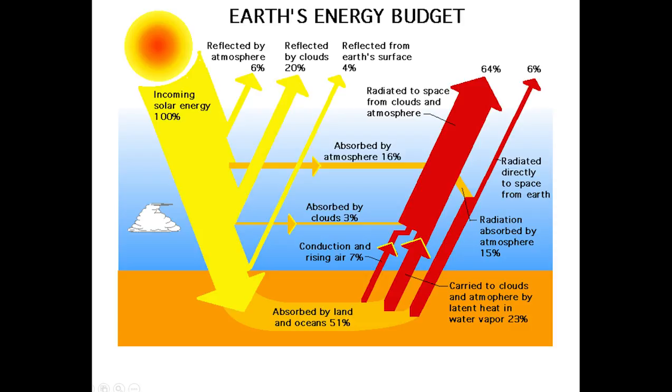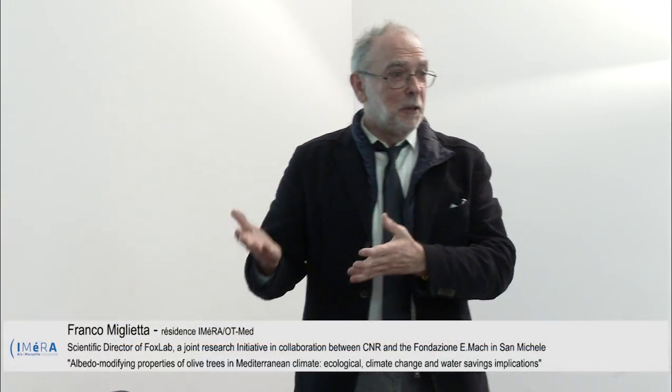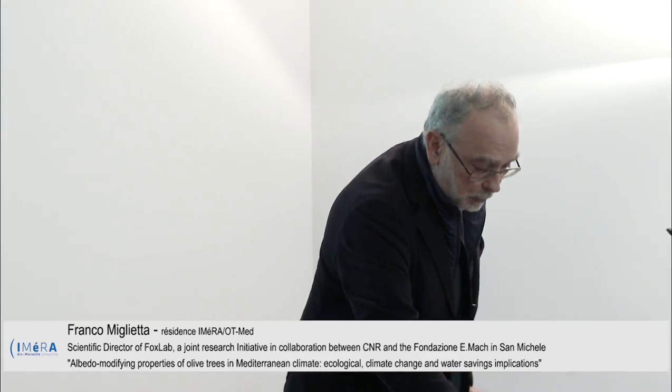Because we cannot change the light which is coming from the sun, we cannot change the climate, we cannot change anything, but we can reduce the greenhouse pollution, so the amount of greenhouse gases that we put in the atmosphere, but we can also change the optical properties of our planet. This is not a surprise, because we did it a lot of times already in the past by going from forest to agriculture, going from desert to cultivated land. So we have changed many times the optical properties of Earth.